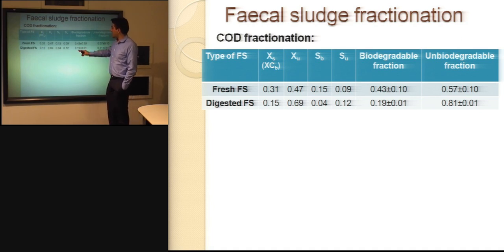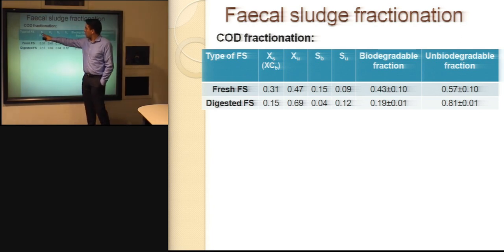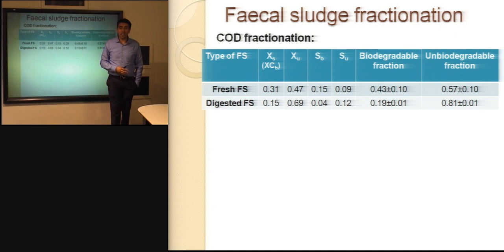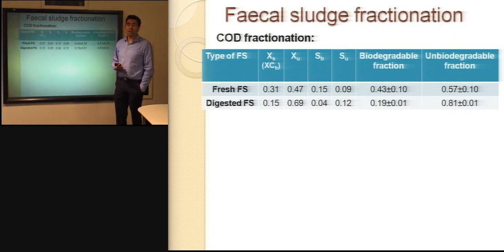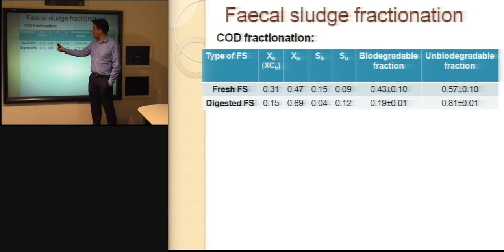This also implies that these biodegradable fractions, either soluble or particulate, may be able to be removed in the plants if they are subject to the required operating conditions that biological systems need, being able to be removed by the microorganisms.